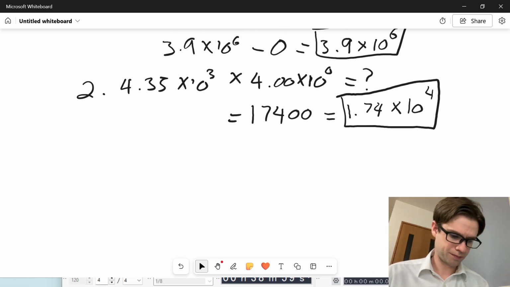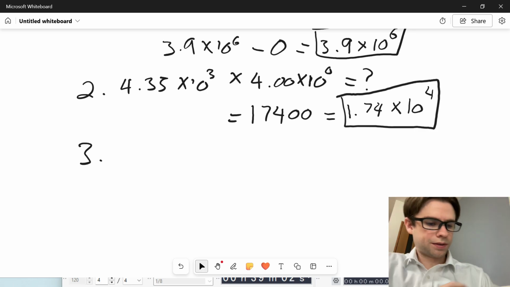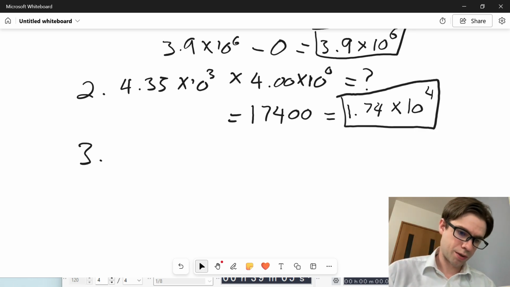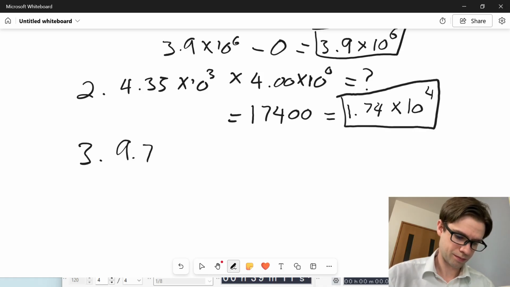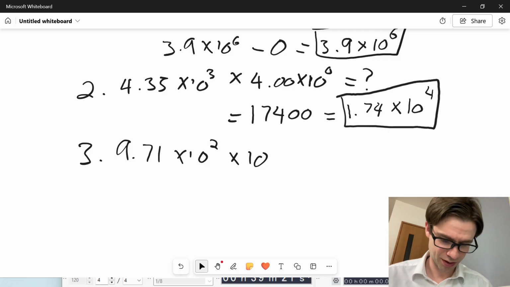Number 3 then. That was 9.71 times 10 to the power of 2. Round this to two significant figures.